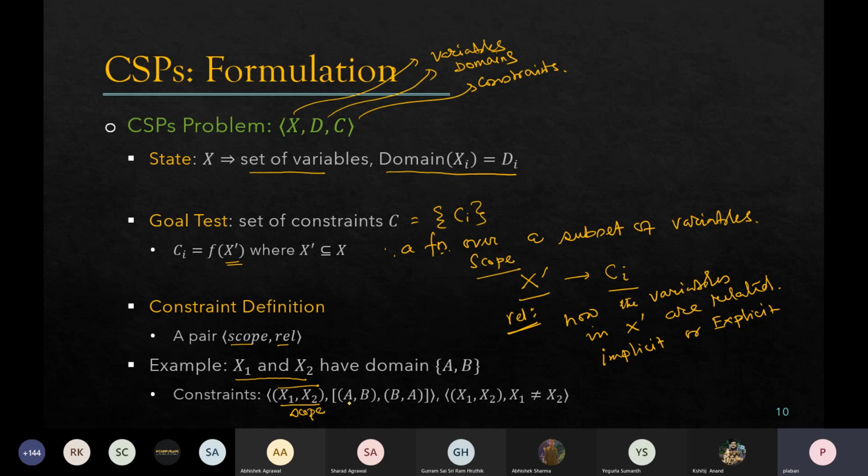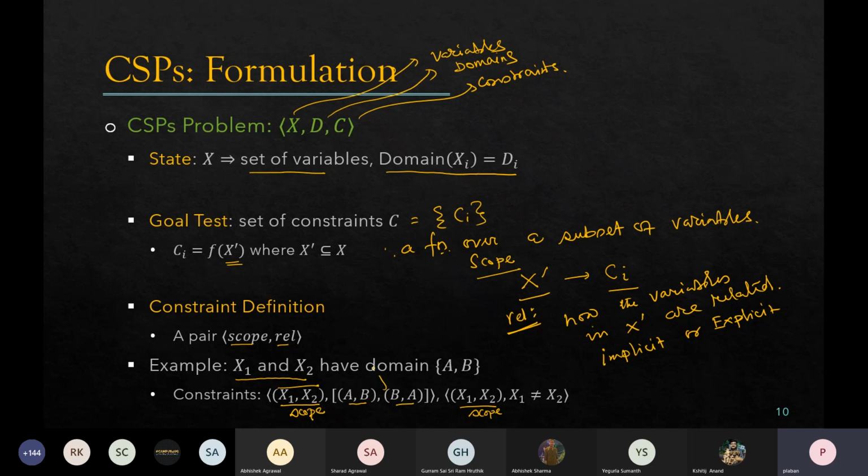I'm saying that A is related to B and B is also related to A. That is how we are representing the relation. But we can also represent the constraint in a different way. I'm defining the scope in a similar way, and I'm just saying whatever be the values of x1 and x2, they should not be equal.